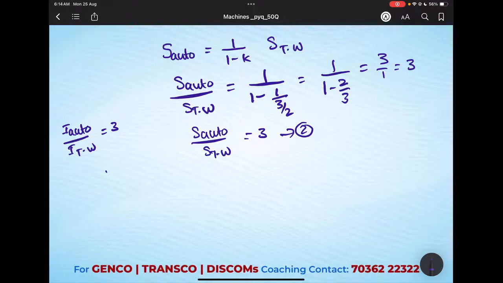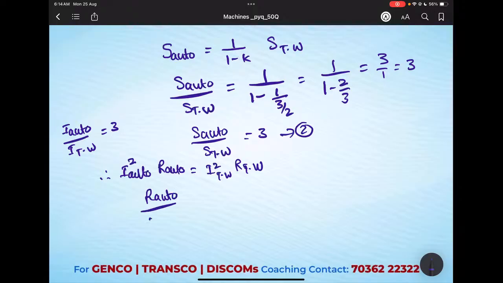So what do we know from the given data? I square auto into R auto equals I square TW into R TW. The copper loss is going to be the same. Okay. So we need the ratio of R auto to R two-winding.